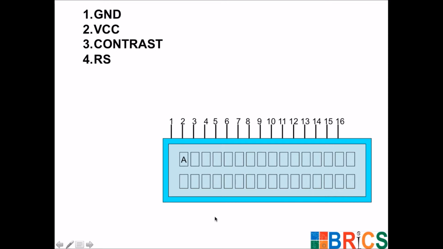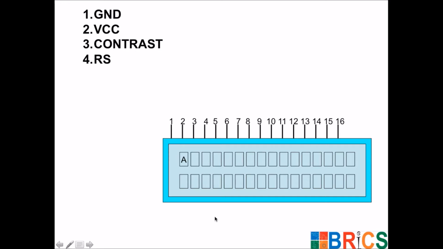So whenever the value of this pin is 0, or this pin is connected to 0 volt, the display will accept the number as a command, and when the value of this pin is high, 1 or 5 volt, the number received by the display will be used as data. So using this pin we can control the data or the number which we are sending to this display.